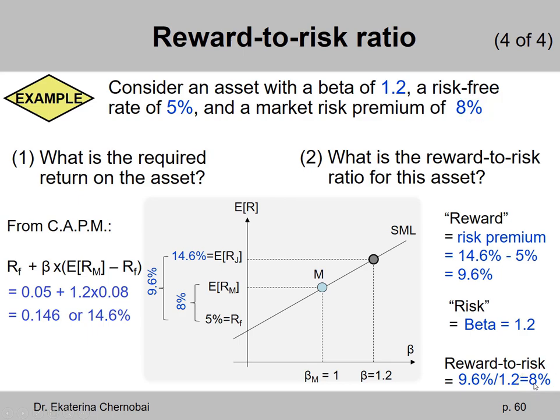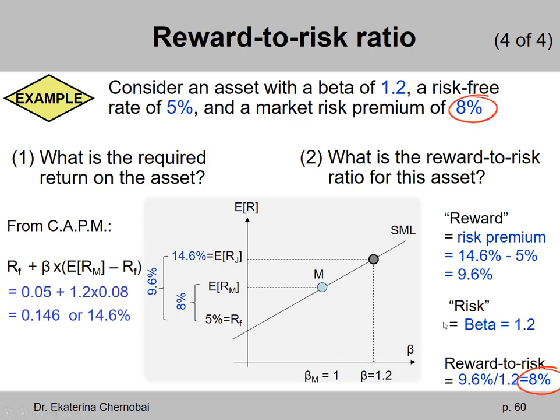No, because the reward to risk ratio for the market portfolio is the reward for the market, which is given 8% risk premium, divided by the beta for the market. What is the beta for the market? It's always 1. So 8% divided by 1 is 8% reward to risk ratio.